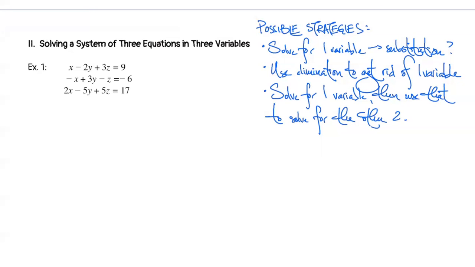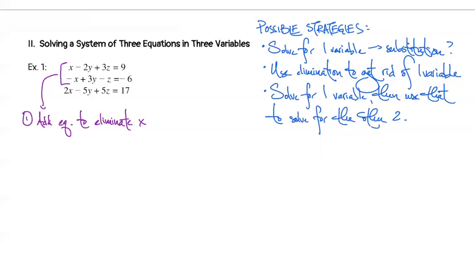So let's take a look at that, all right? We're going to take a look at these 2 equations, and we'll call this step 1. We're going to add equations to eliminate. All right.